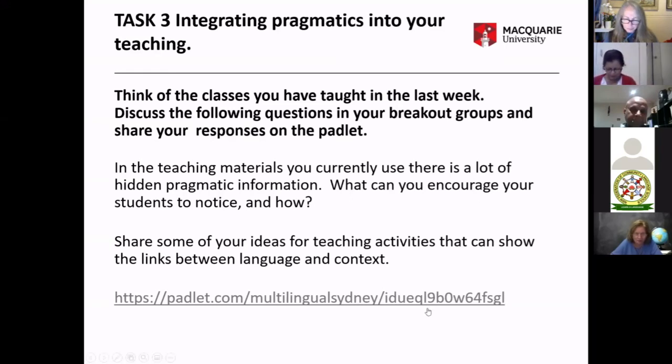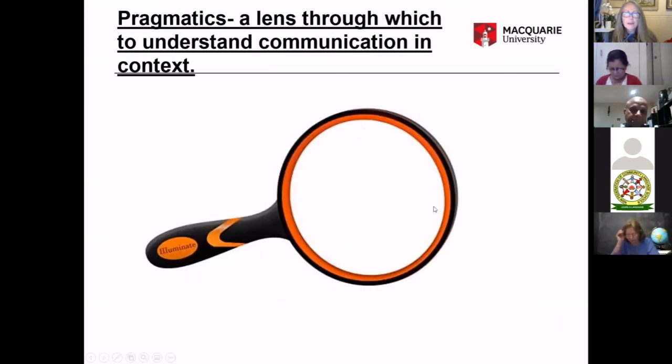And I wanted to finish with some ways that you could see pragmatics teaching, ways that you could think of it. So pragmatics teaching, or pragmatics, is not just something that you teach, like today we'll have a lesson on pragmatics. It's a lens through which you understand communication in context and which you help your students to understand communication in context. And context is woven into everything that you do.